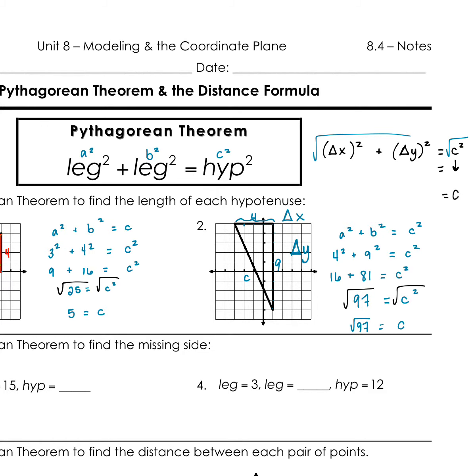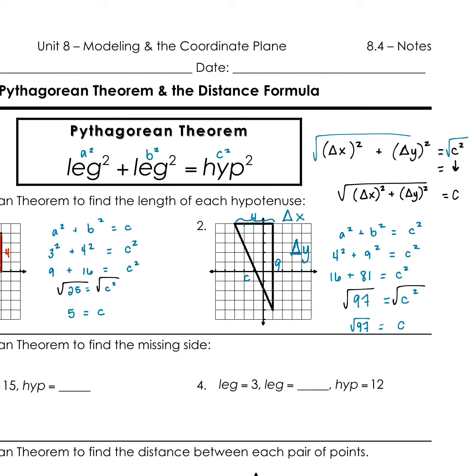So if I square root both sides, and I haven't plugged in any numbers yet, every time I do the Pythagorean theorem, if I know I'm solving for a hypotenuse, I could always write this formula as the square root of our change of x, delta x, squared plus the change of y, delta y, squared. So the square root of the change of x squared plus the change of y squared is always equal to our hypotenuse.